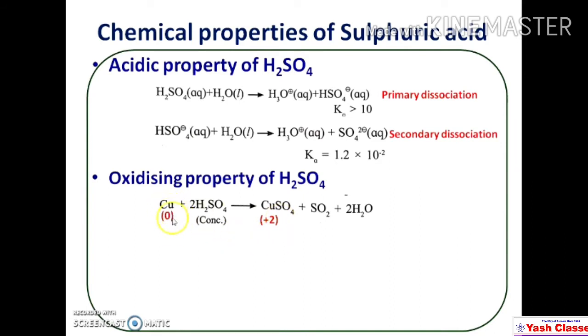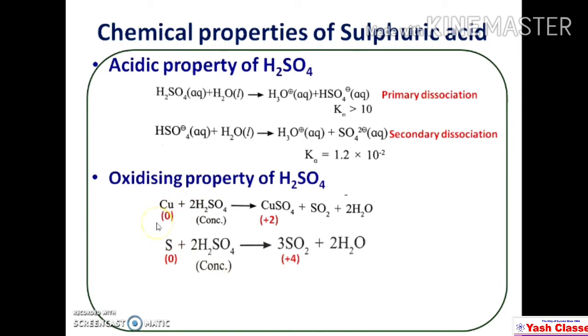The oxidation state of pure copper is 0, and in copper sulfate the oxidation state of copper ion is plus 2. So there is an increase in oxidation number, hence there is an oxidation of copper, and in this reaction sulfuric acid acts as an oxidizing agent. Simultaneously there is a formation of sulfur dioxide and water.